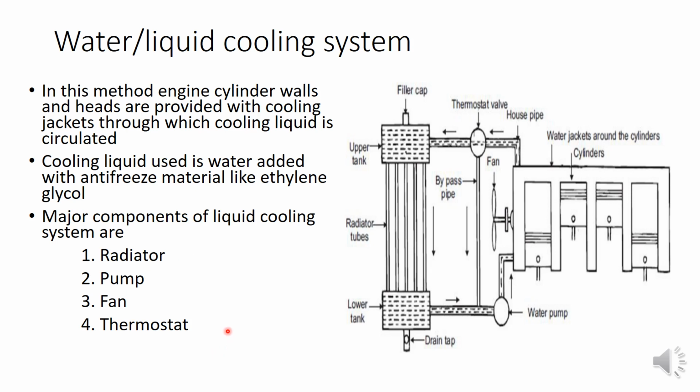Now we will look one by one at how these components help it work. First one, we know the radiator is a major component. Mostly you can identify the radiator in the front of a vehicle. You can see a number of tubes like this in a grill, in the back of the front grill.